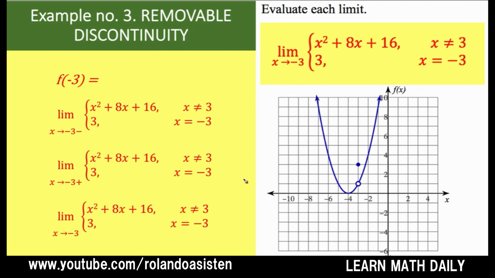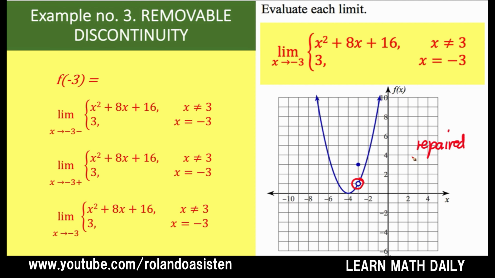Now let's talk about removable discontinuity. What is a removable discontinuity? We say that the function is continuous if you can trace the function without lifting your pen or your pencil. But in our example, there's no way for us to trace this function without lifting our pencil or pen at this point. There is a hole.